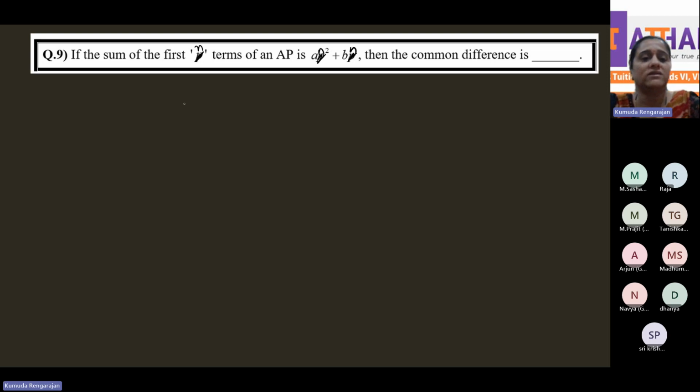So like that, here the sum of the first p terms is given to you. So it's given as a p square plus bp. Then the common difference is, work this.